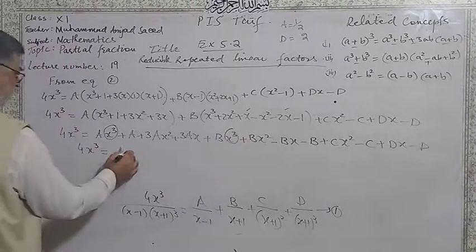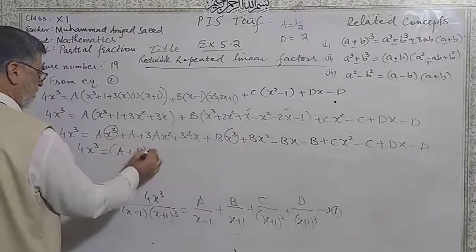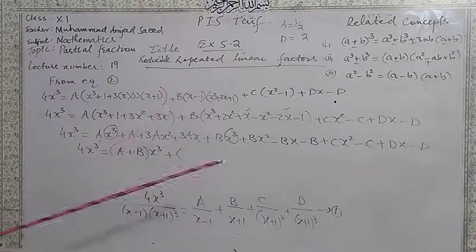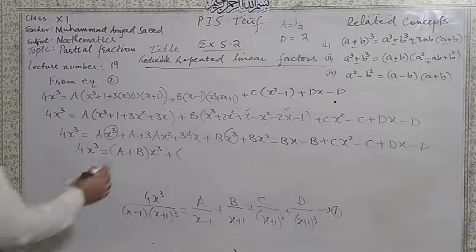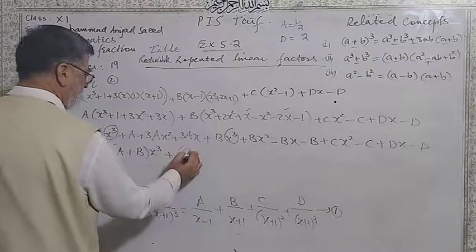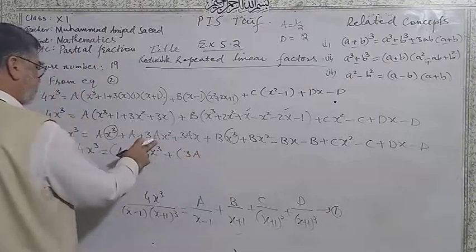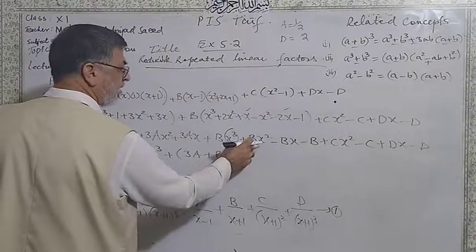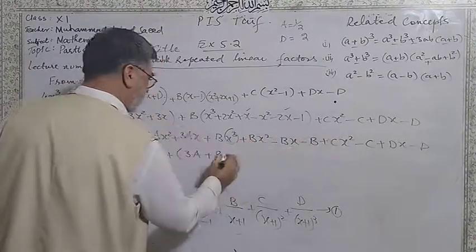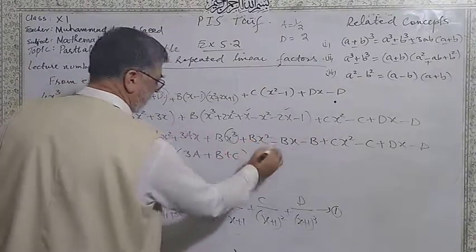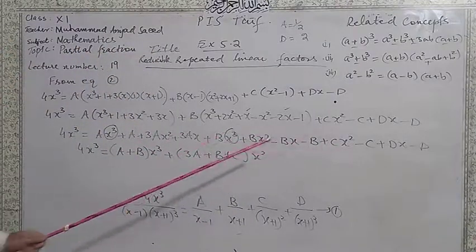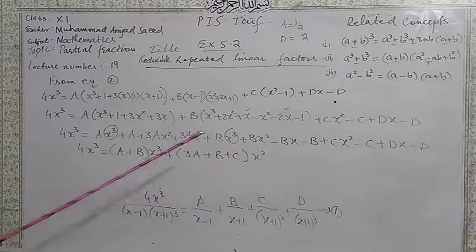So you may write down a plus b into x cube. After that, check square terms. Here is x square, 3a, then plus b, and here is plus c, into x square. I am collecting x square terms and taking x square common.